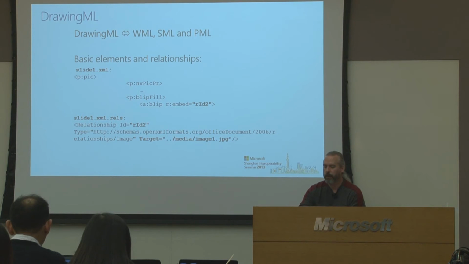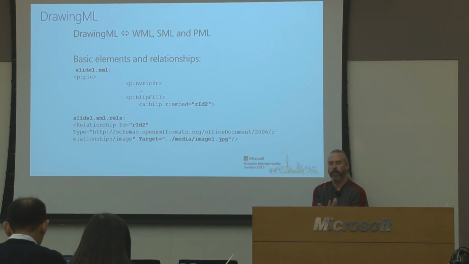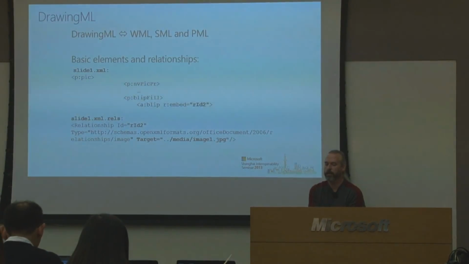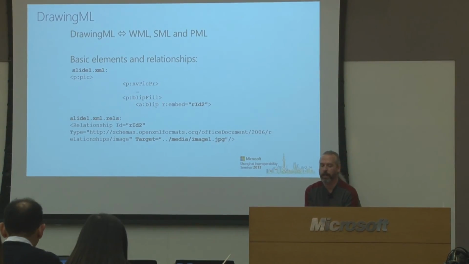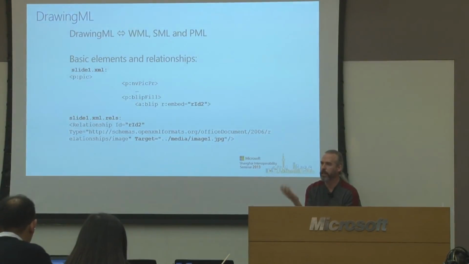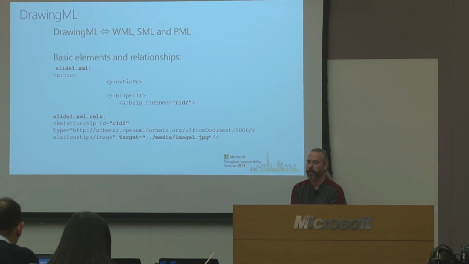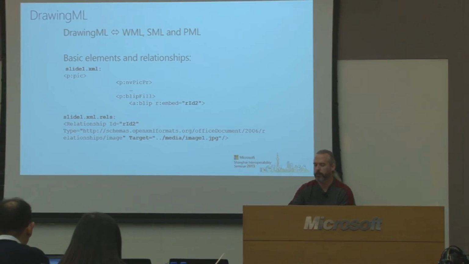So, for example, a presentation might have a picture, and we saw that it might have p:pic, or something like that. In Word or in the spreadsheet, we saw drawing. That was the element it used. So they're all just a little bit different.